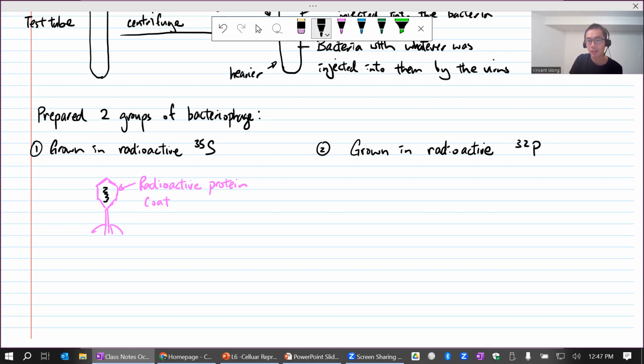So it's the 32 that we use. It's radioactive, and in this case, the shell is not labeled this time, but then we have radioactive DNA.